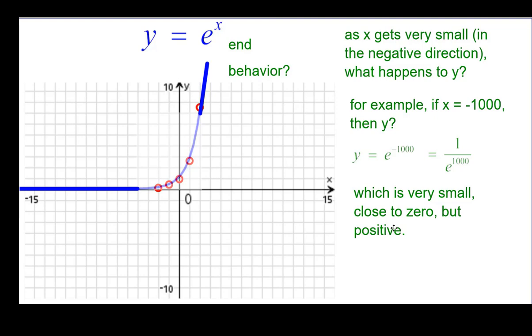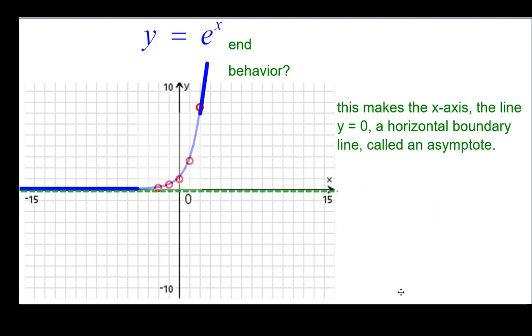And we would indicate that graph out here, flattening out here. Never gets to 0. And so we're going to say that the x-axis is a horizontal boundary line. So the line y equals 0 is called an asymptote. The curve gets really close to it, but never actually touches it.